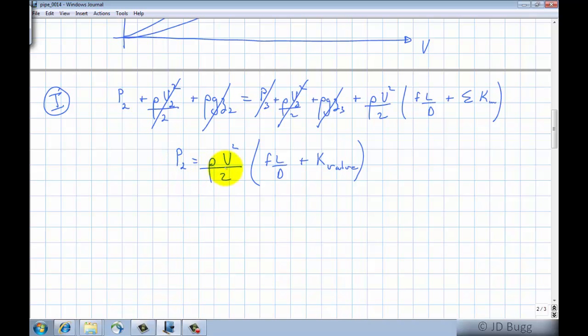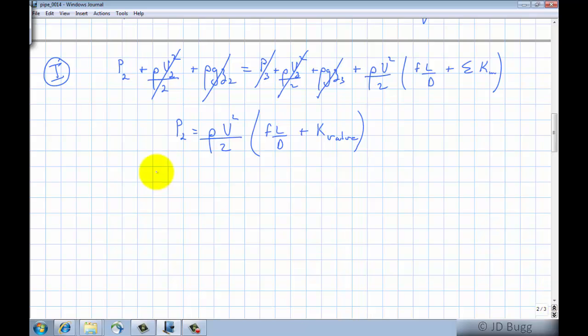Now, if we take a look at this and think about what we know and what we don't know, this is a problem where we know the pressure but we don't know the velocity. So it's an unknown flow rate type pipe flow problem. So we have to set up an iterative solution because this friction factor is dependent on this velocity. So that's what we'll set out to do here. We'll begin by putting all the numbers we have into this equation. So we know the pressure gauge is reading 250 kPa, or 250,000 pascals.